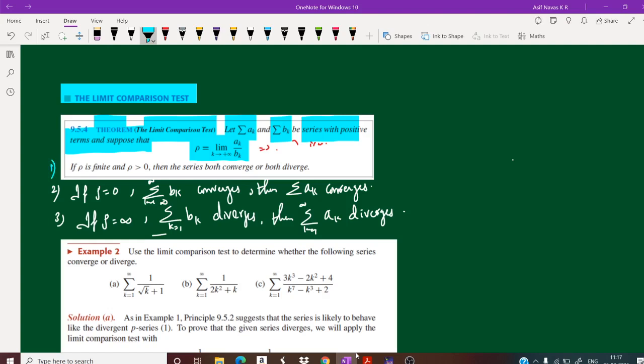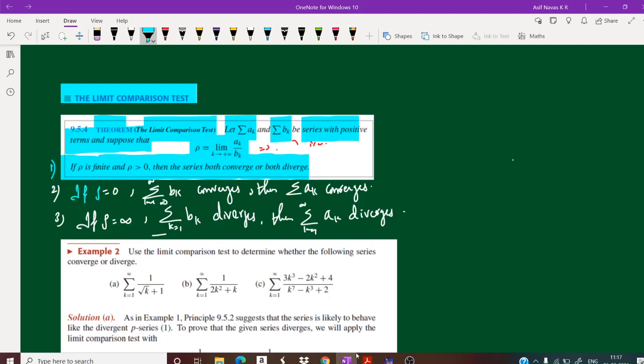So the first condition is if rho, this limit, is finite and greater than 0, then both series converge or diverge. That means if this limit is finite, then both series converge or diverge simultaneously.